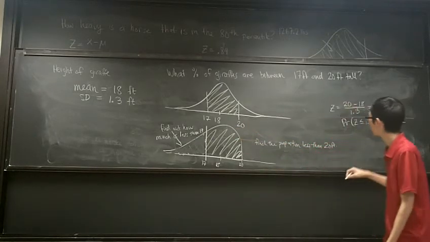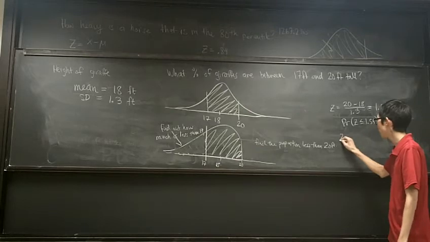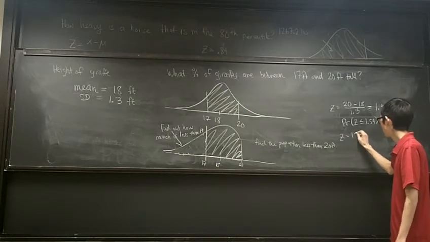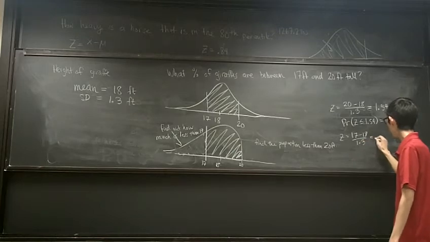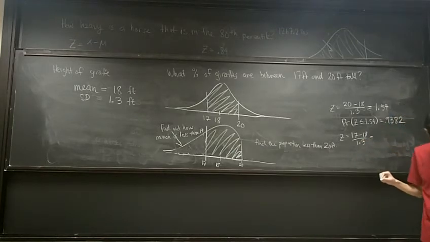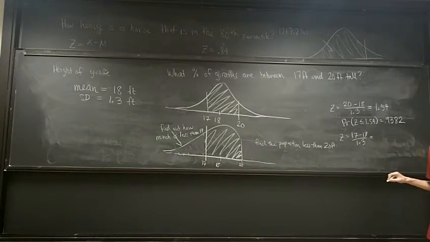How much is less than 17 feet? Over here I write z equals 17 minus 18 divided by 1.3. And what do I have there? I have negative 0.77.